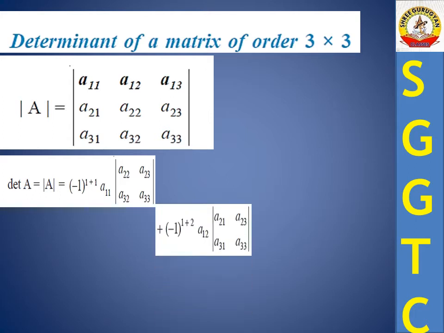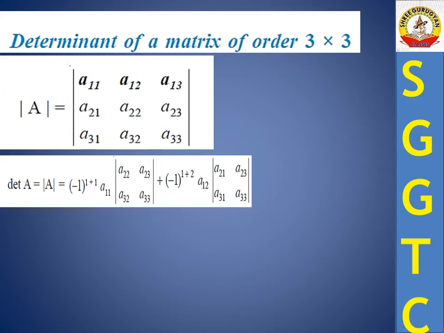Similarly, next is plus or minus 1 raised to 1 plus 2. This is the formula: minus 1 raised to i plus j, where i means row and j means column. Same for A12: first row, second column eliminated, you get A21, A23, A31, A33.